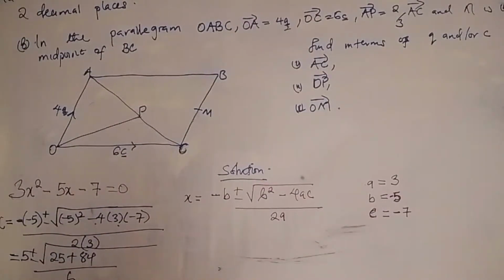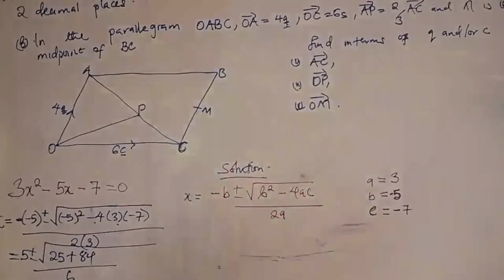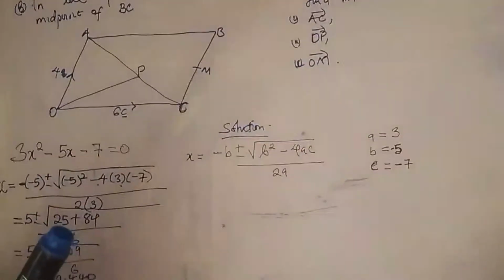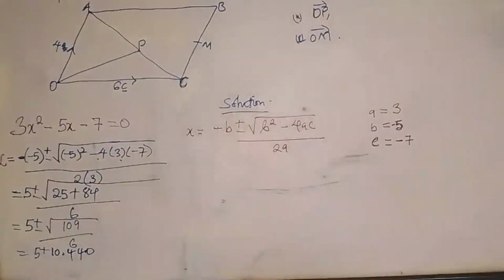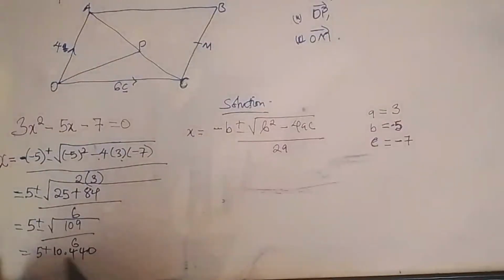So the square root of 109 is 10.440. So you can end here, because in paper 2 we are advised to leave our answer to 3 significant figures. So once you reach here, you can end. Then you say divided by 6.